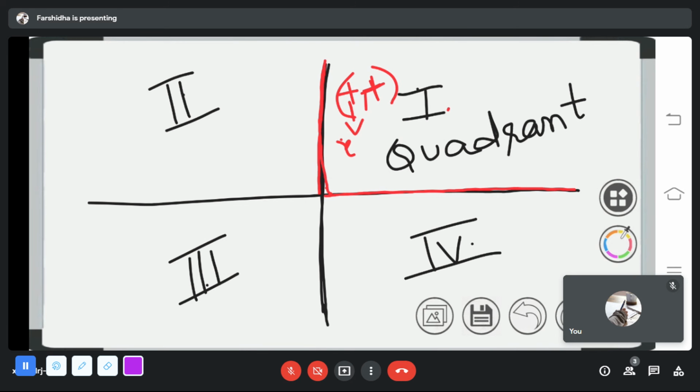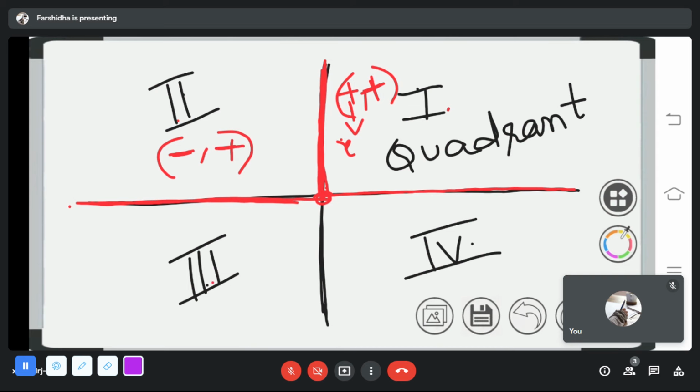So the sign of the first quadrant is positive. Come to the second quadrant. What is the sign here? First, you need to take the x-axis. Here it is negative. And the y-axis is positive because towards upside it is positive. So the sign is negative, positive in the second quadrant.